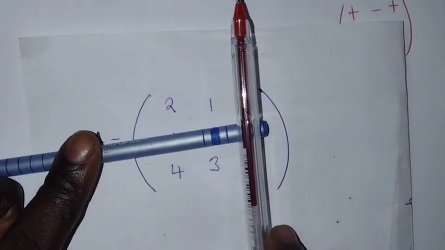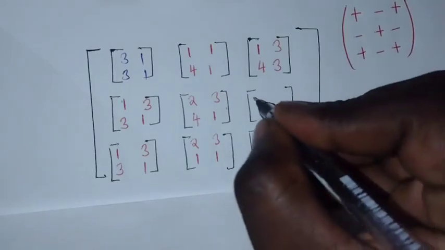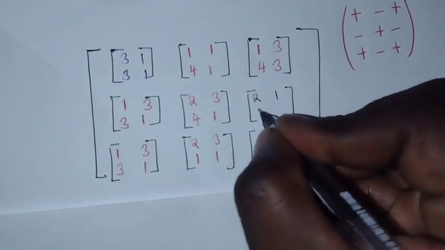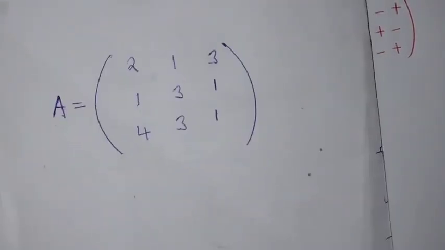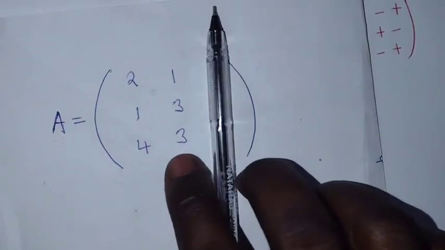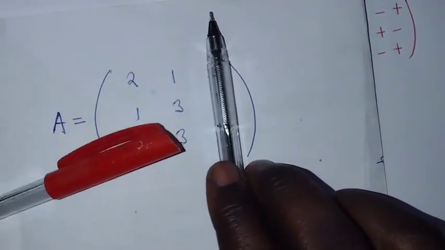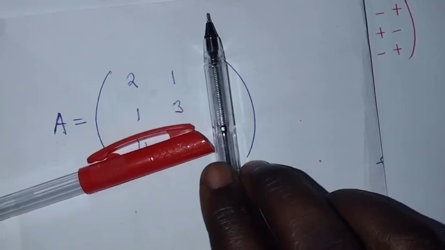What are we remaining with? 2, 1, 4, 3. So you write 2, 1, 4, 3. Then we come to the last one, which is this one right here. Again, if you block like this, where it is, you have seen, we are remaining with 2, 1, 1, 3.